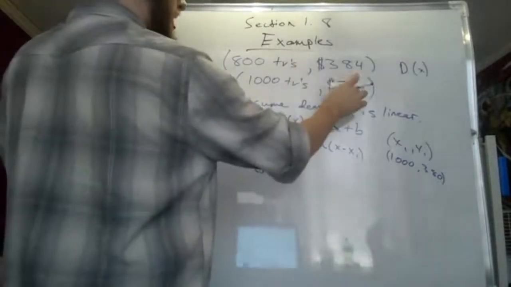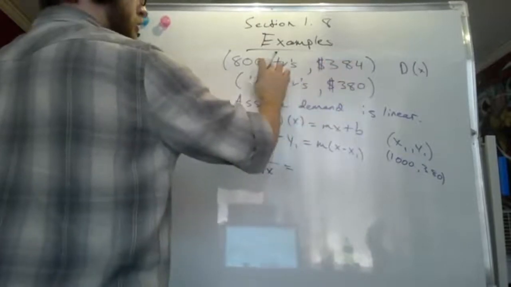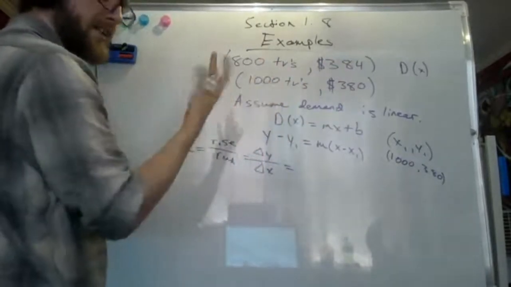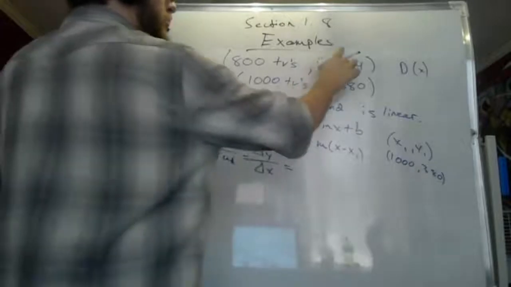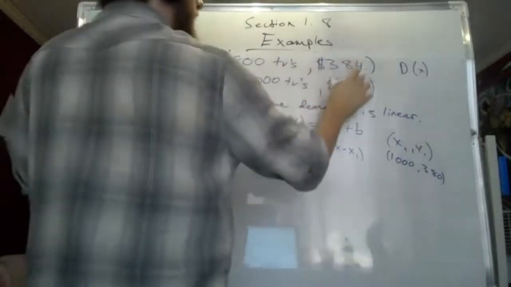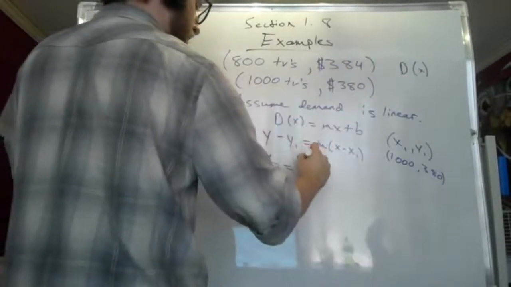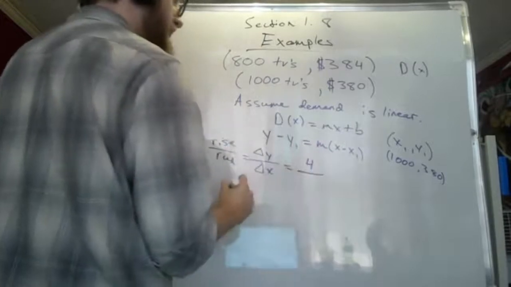So change in y here, I'm going to start with the top minus the bottom. You have to make sure you do it the same way both times or you might accidentally flip some negative. So if you do top minus bottom, you have to do it for the x as well. So top minus bottom, 384 minus 380, that's going to give me a positive 4.